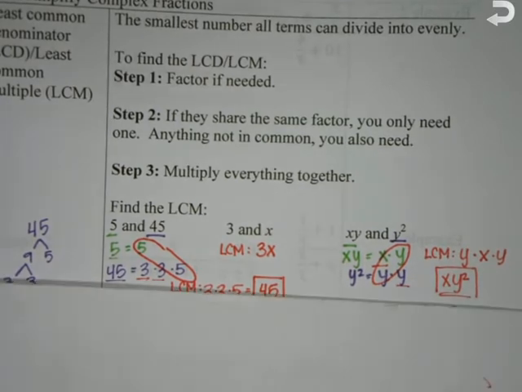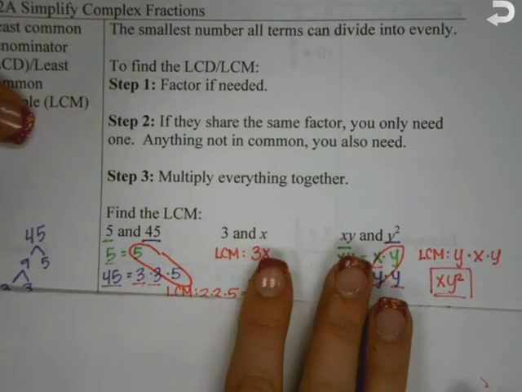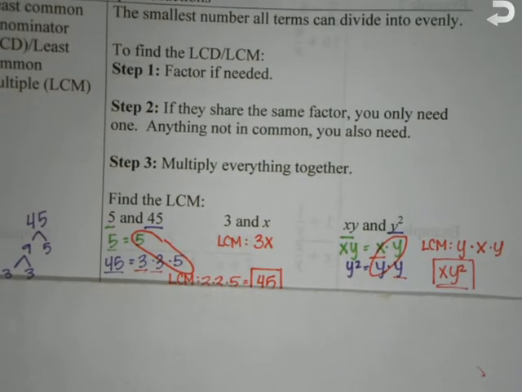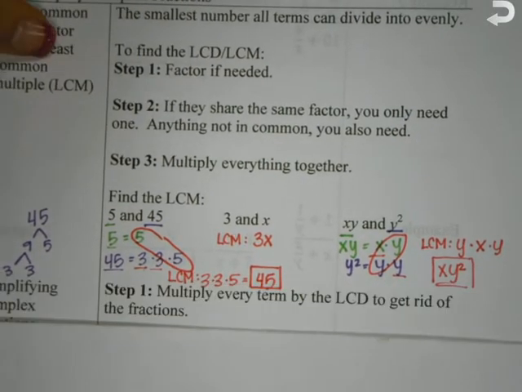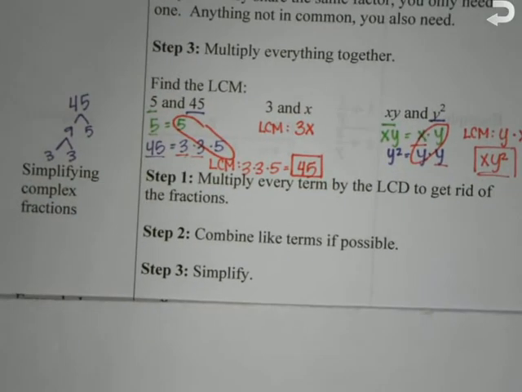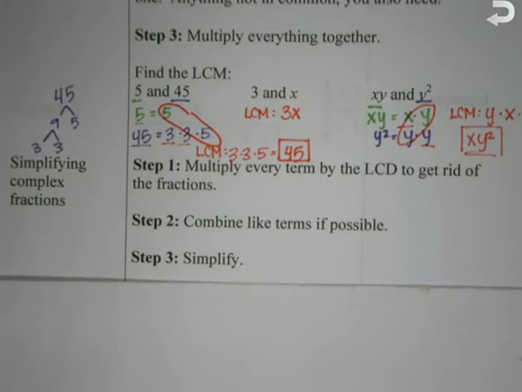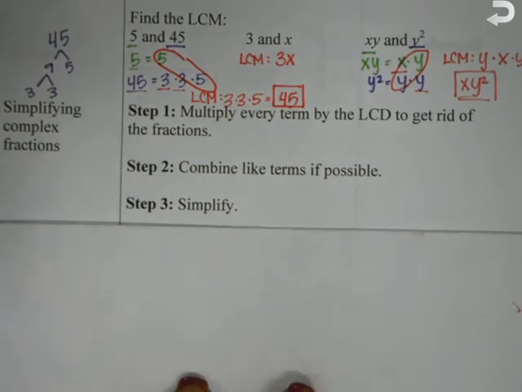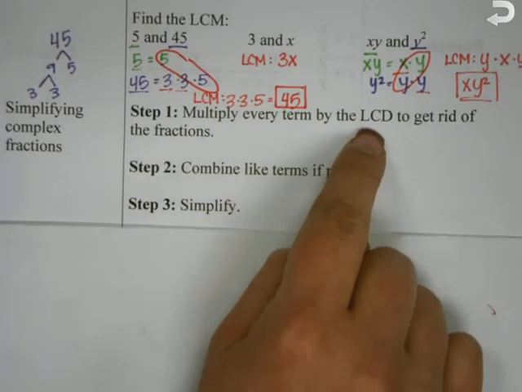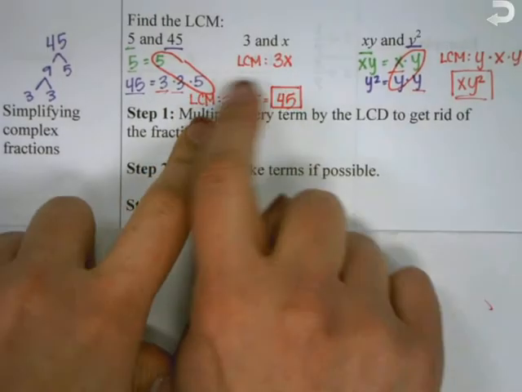So we're actually going to use the LCM and LCD when we are trying to simplify the complex fractions. So, to simplify a complex fraction, the first thing we have to do is find the least common denominator, and we do that exactly as we were doing up here, but we're only looking at the denominators.